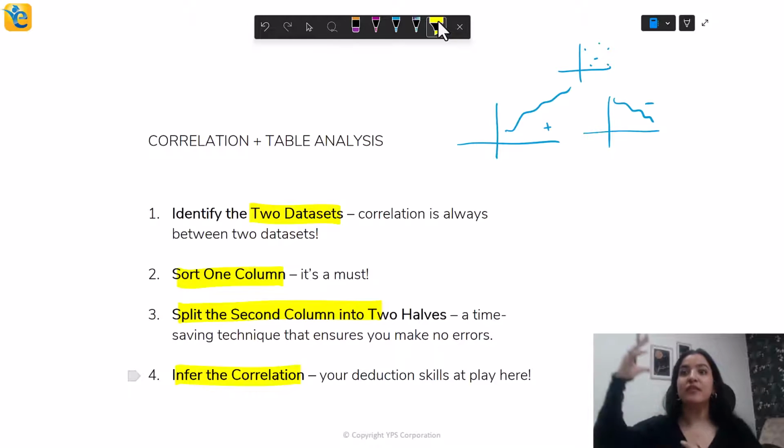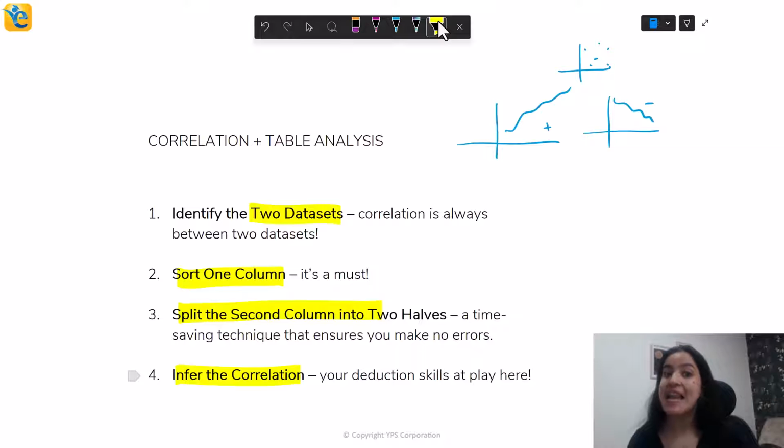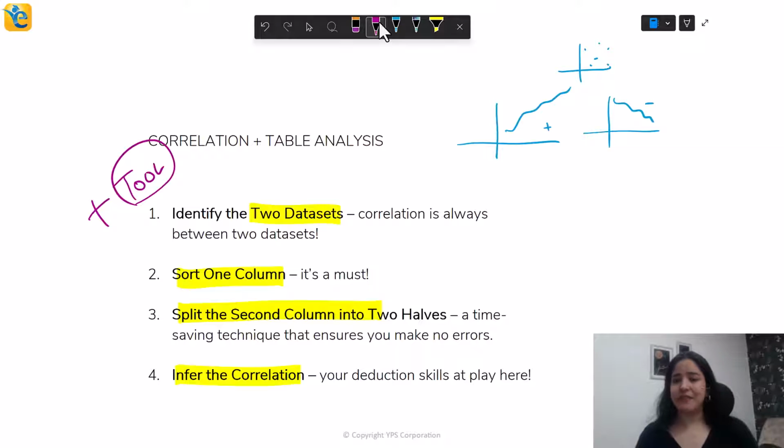You see whether values are getting larger as you go down, or are they becoming smaller, or is there just about anything happening. That'll tell you what kind of correlation there is. Now, this video, we will build upon this process and we will add another tool to our arsenal, which will make this inference even more easy. So we're fine tuning the process now in this video.